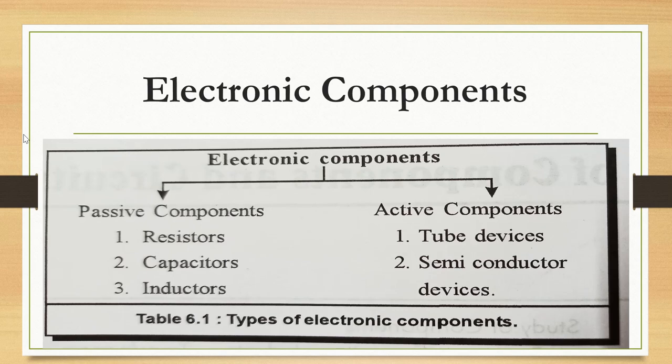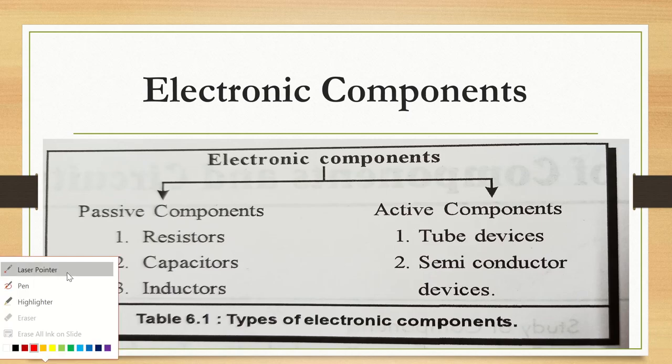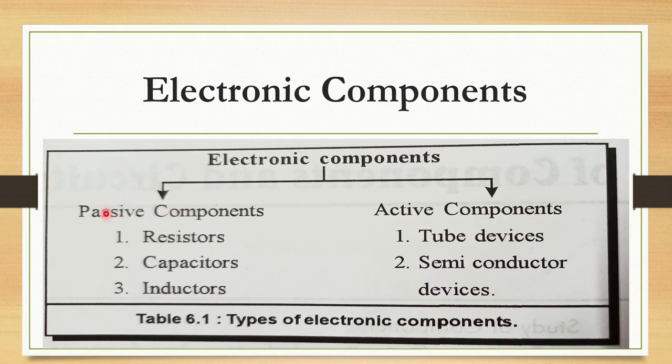So electronic components, what are the components used in your computer or any electronic devices? Their basic components are two categories. One is passive components, second is active components.